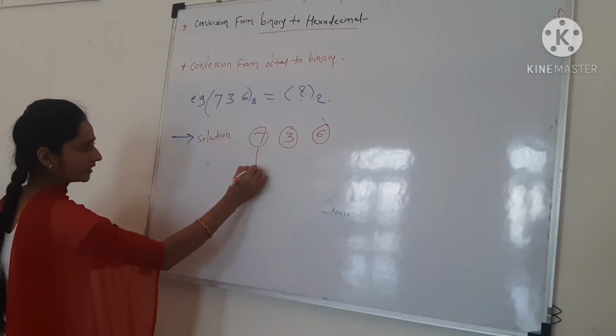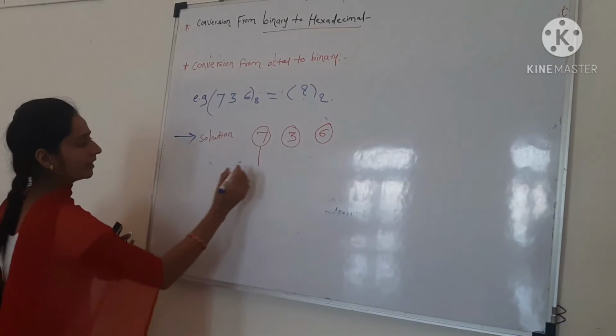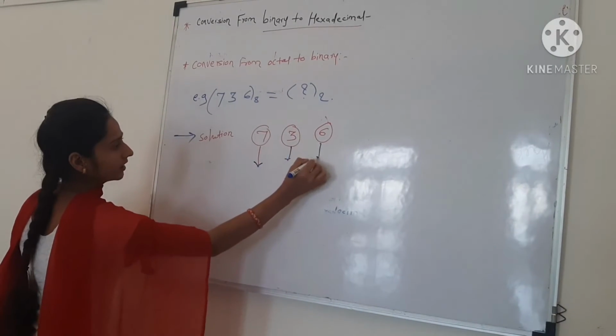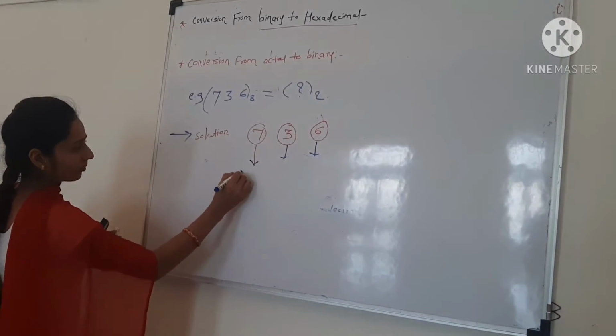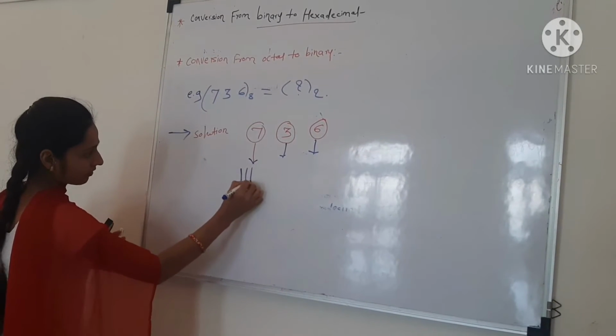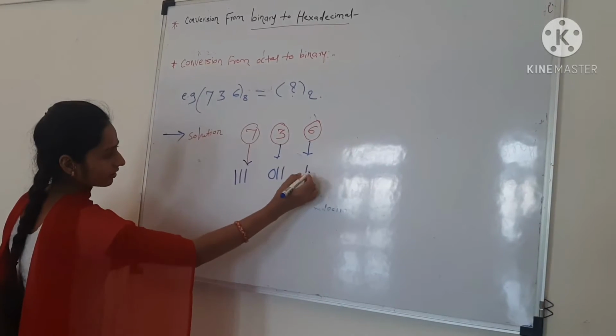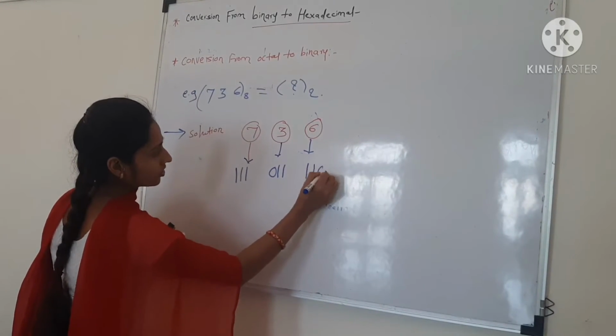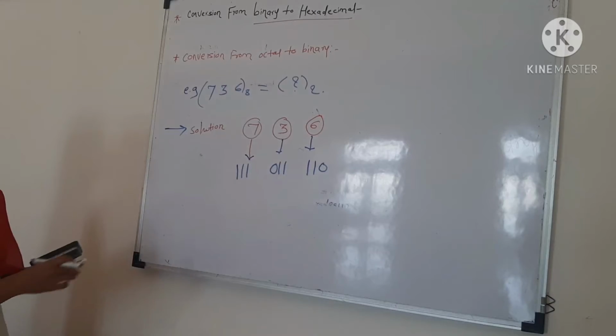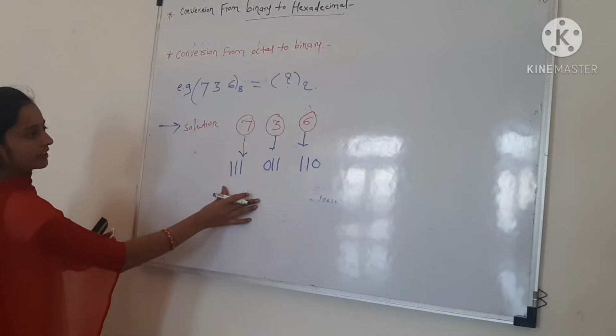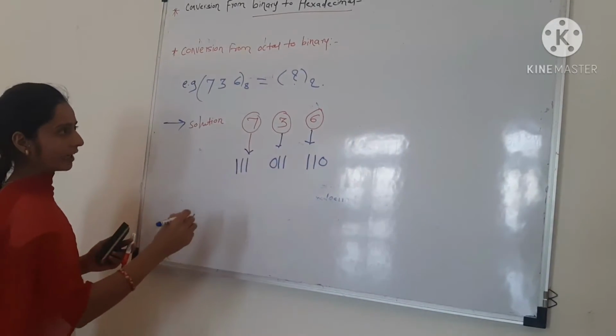We have to write the equivalent binary number: 7 is 1 1 1, 3 is 0 1 1, and 6 is 1 1 0. We already saw in the previous lecture how these values are calculated.